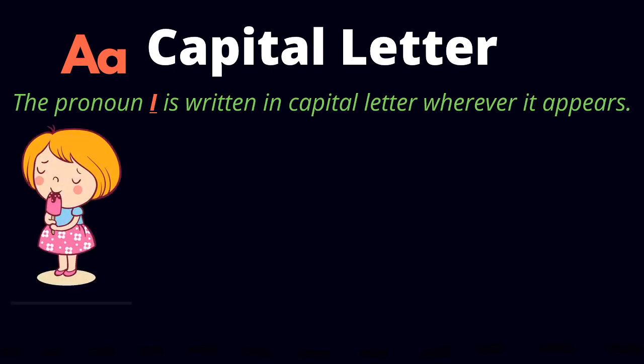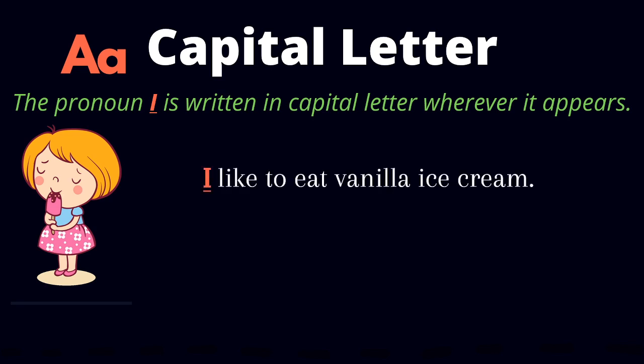Here is a girl. Look at this sentence: I like to eat vanilla ice cream. Here, the letter I, which is in the first place of the sentence, is written as a capital letter. Even though it comes in the middle of the sentence, it has to be in capitals.